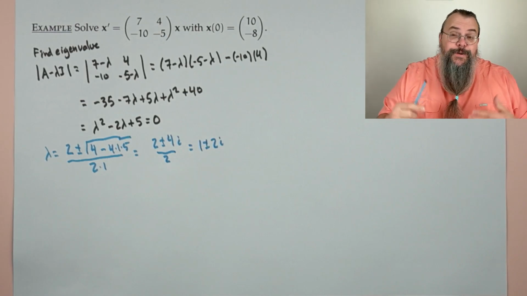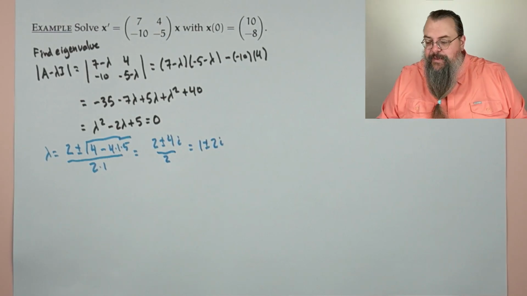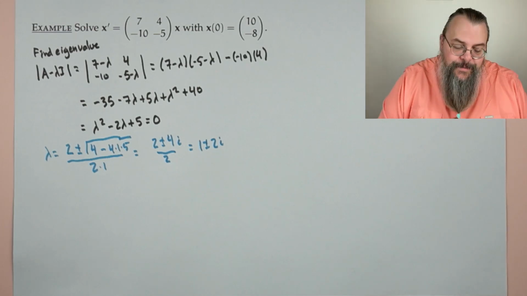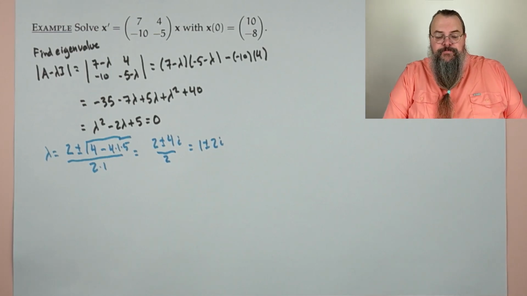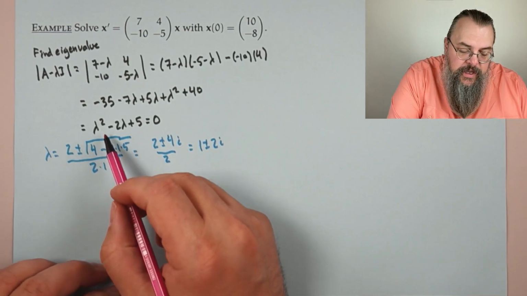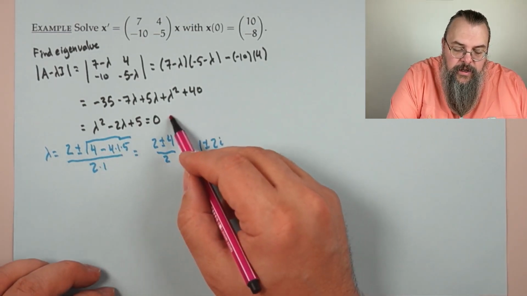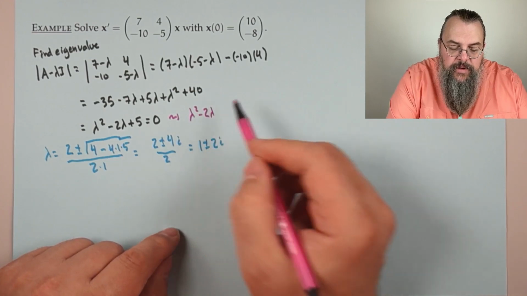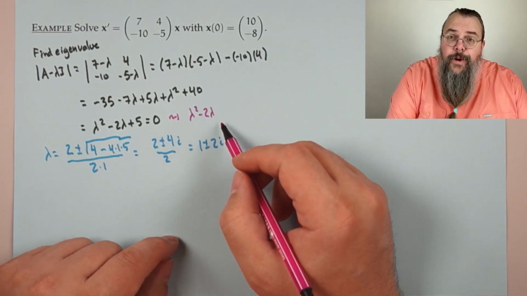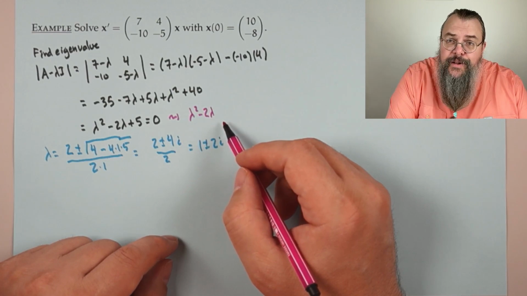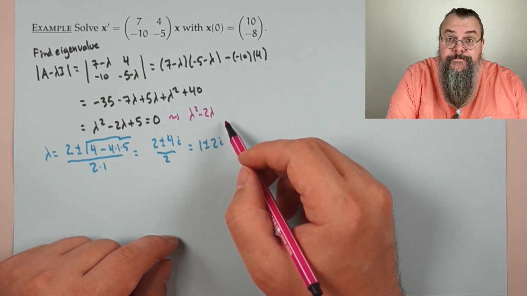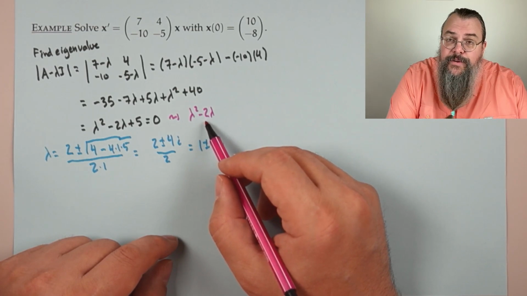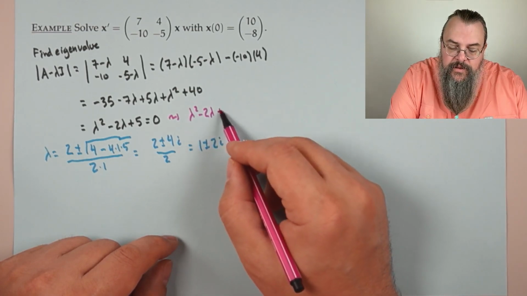In case you're wondering what would have been the completing the square method, because maybe you wonder, we have time. Let's do it really quick. What you do is you say, okay, here we start by writing down lambda squared minus 2 lambda. And you say, what would I need to complete the square? A plus 1, right? Minus 2, divide that by 2 is minus 1, squared is plus 1.